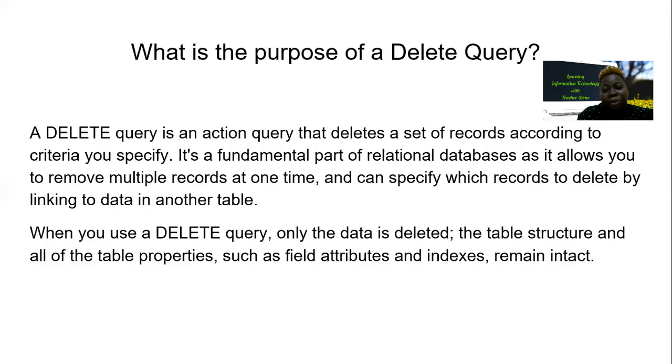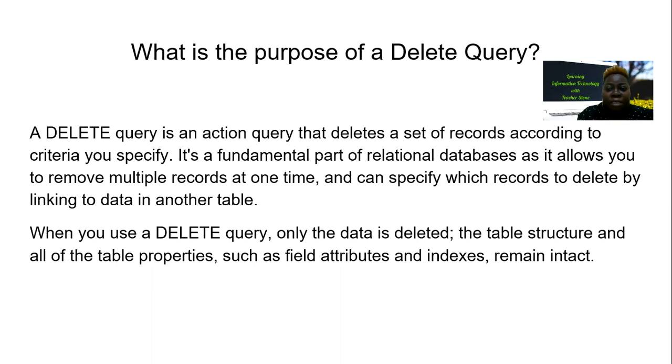So let us go into the delete query. A delete query is actually an action query that deletes a set of records according to the criteria you specify, which would be the search conditions. It's a fundamental part of relational databases as it allows you to remove multiple records at one time.